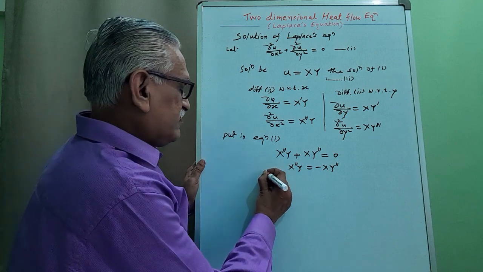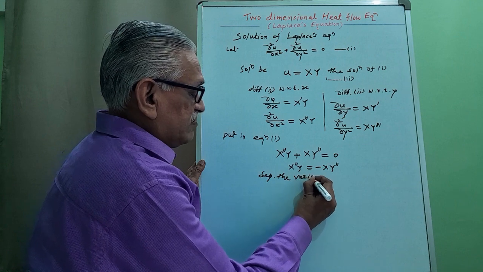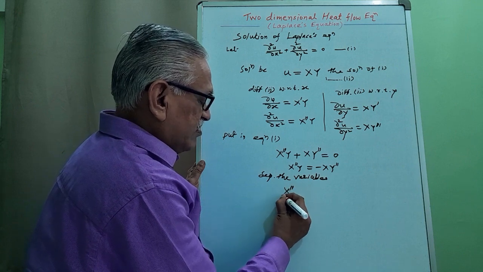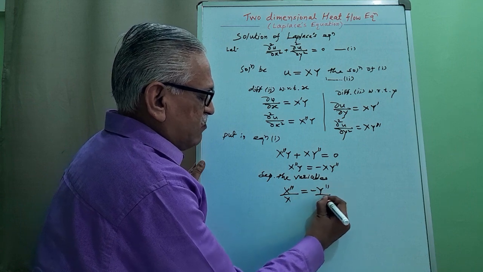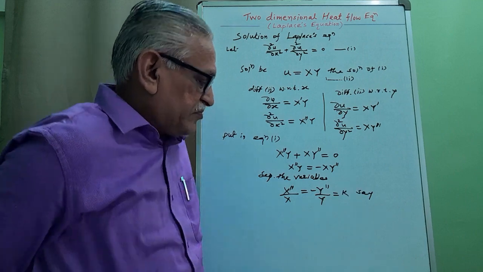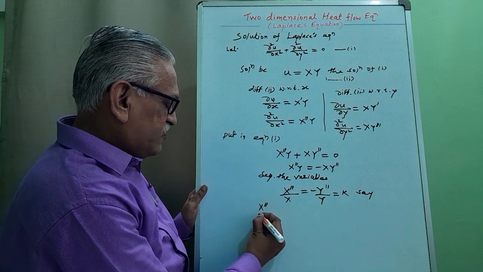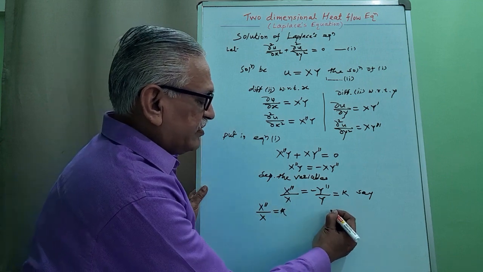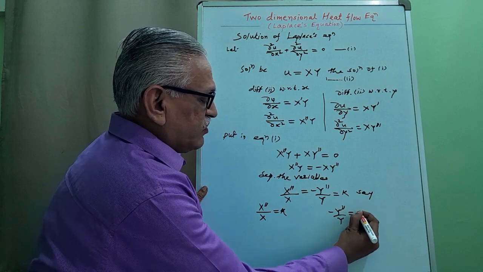Then separating the variables, we get X double dash upon X is equal to minus Y double dash by Y. Then equating first with last, we get X double dash by X equals k, and second, minus Y double dash by Y equals k.